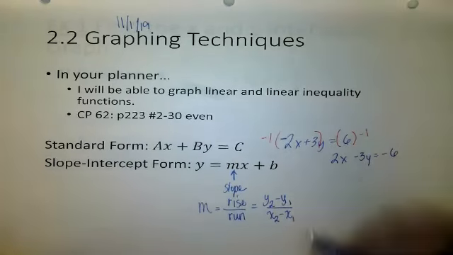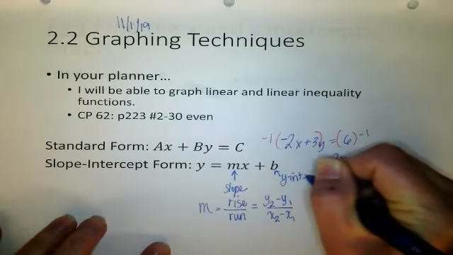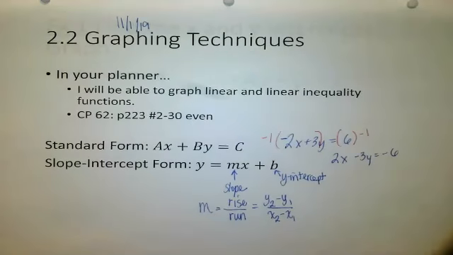All right, what's the B stand for? The y-intercept. Very good. And that would be when you're graphing, anybody know why they use the letter B? Because y is with B. I don't know, actually. B is the second letter in the alphabet, and Y is the second to last.